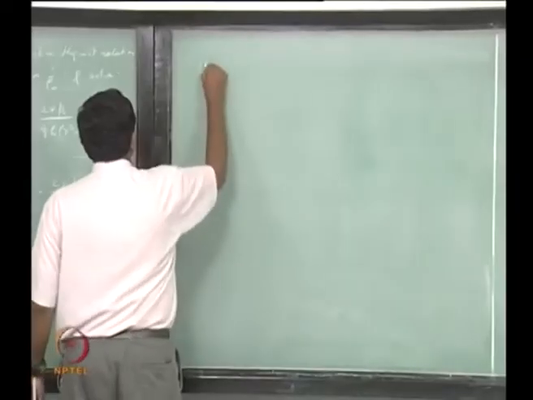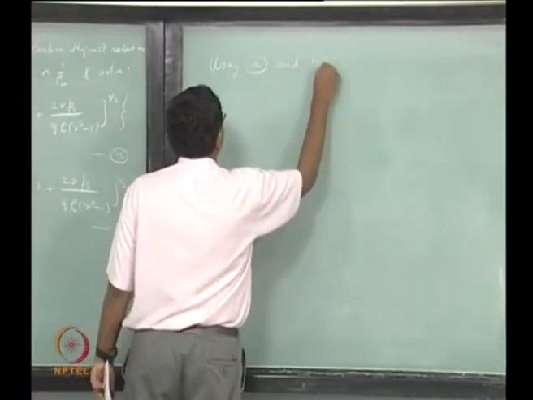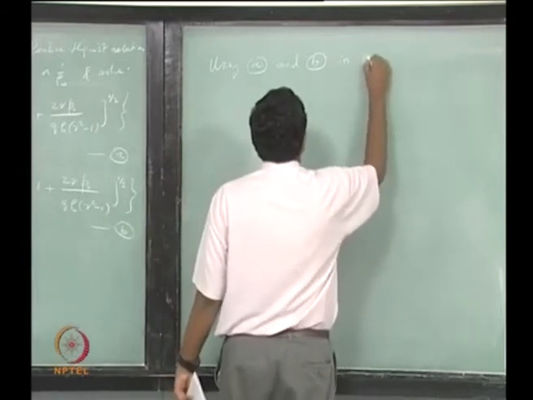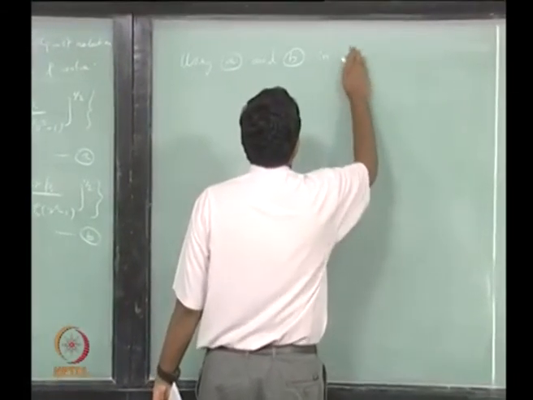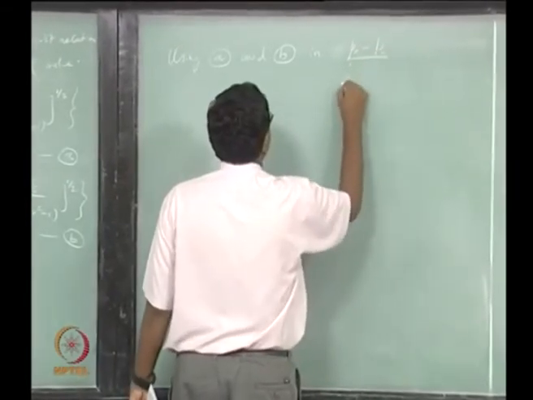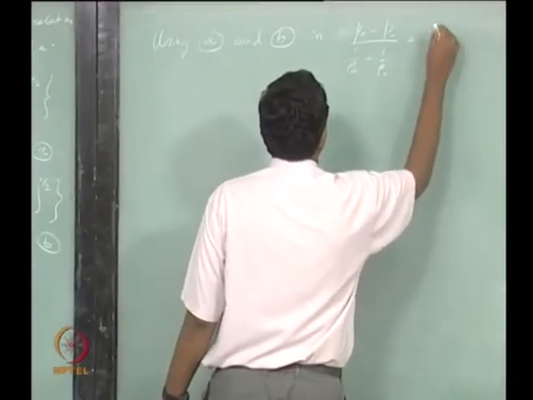So using A and B, simply go back and write what it is: P infinity minus P naught divided by 1 over rho infinity minus 1 over rho naught equals minus m dot squared.